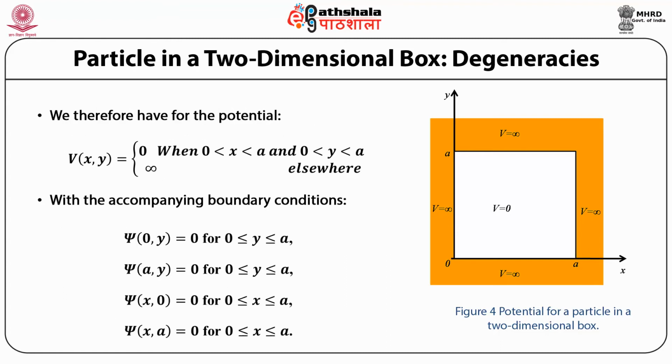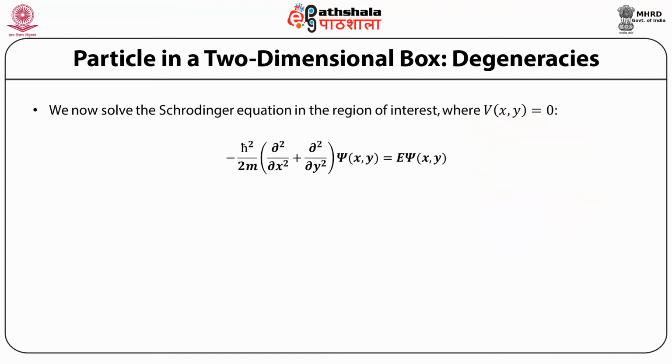Psi x 0 equal to 0 for 0 less than or equal to x less than or equal to a, and psi x a equal to 0 for 0 less than or equal to x less than or equal to a, divided by psi x y equal to E psi x y.